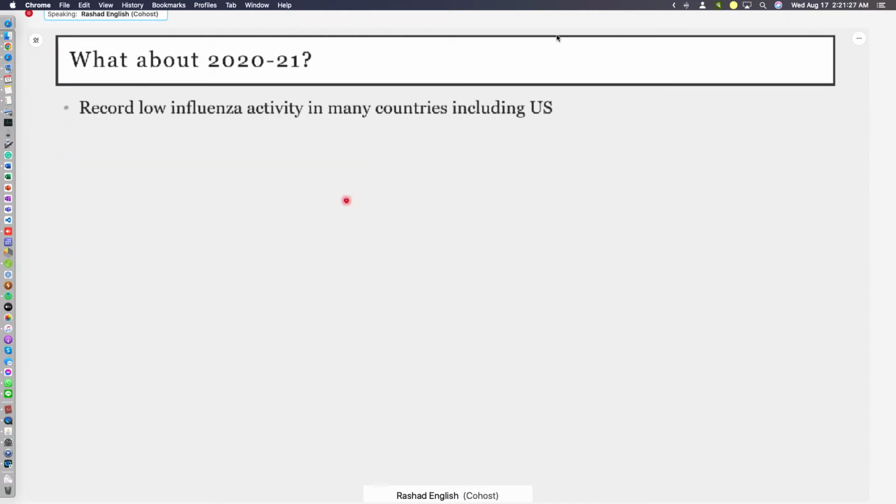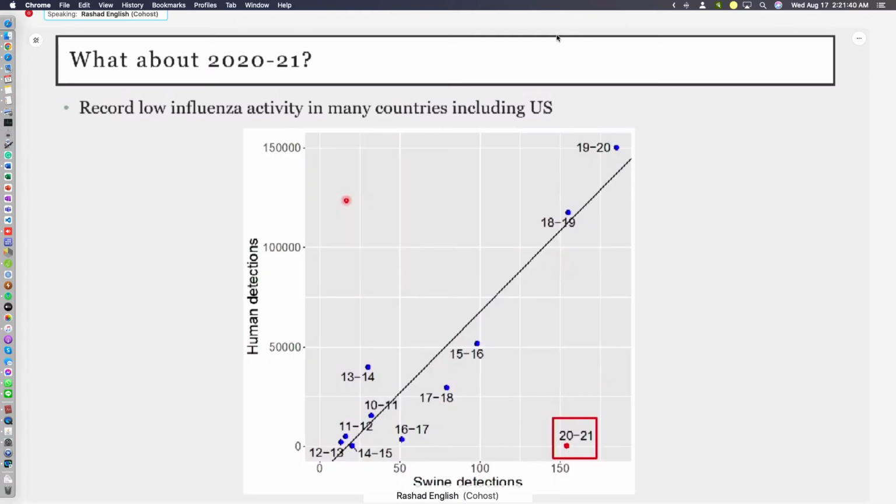And this is what makes the 2021 season most peculiar, as we all know that the 2021 season was a record low in terms of influenza activity in the United States and across the globe. When we plot the 2021 season on the same graph, we see that it's a massive outlier.